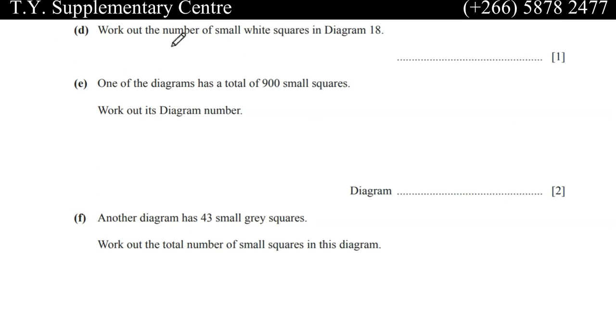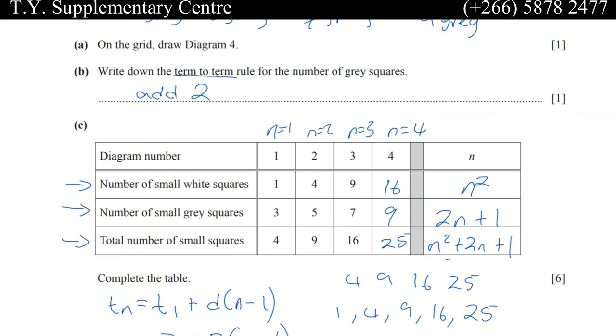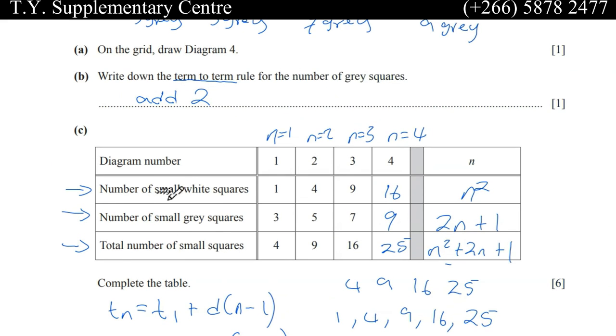Alright, for number D, work out the number of small white squares in diagram 18. So remember from the table, for the number of small white squares, we use the formula for the nth term.